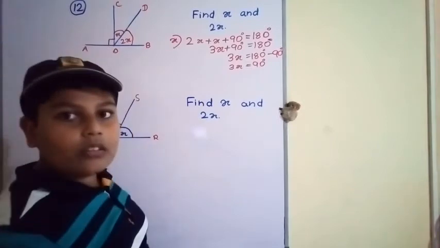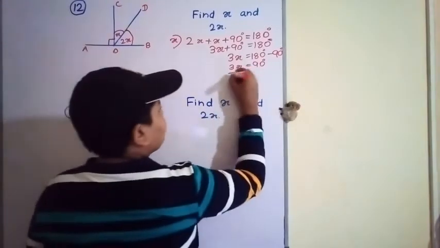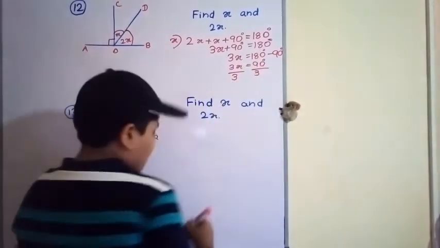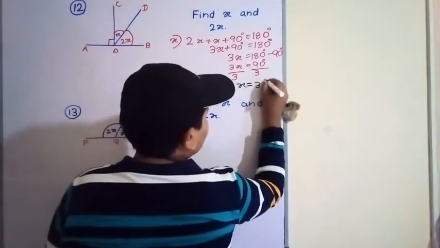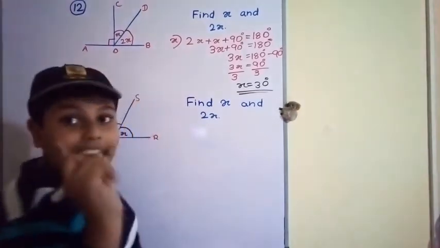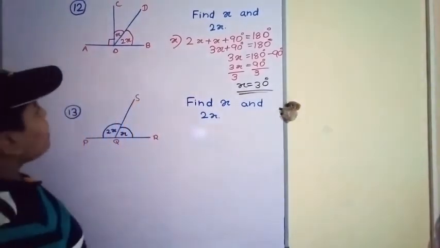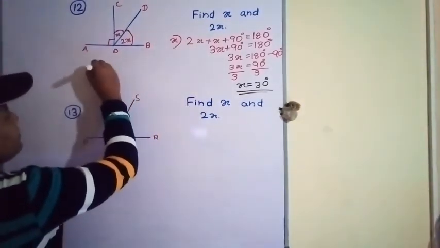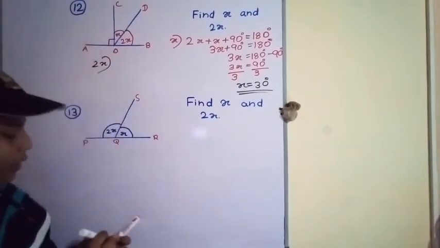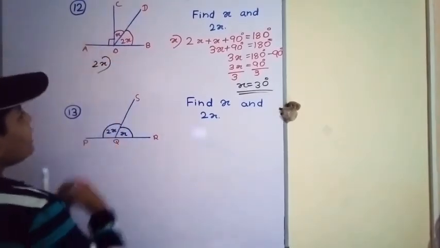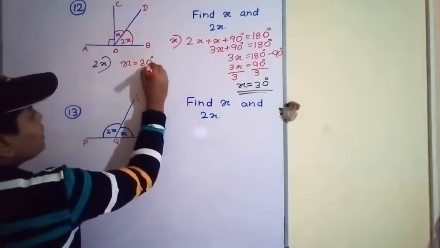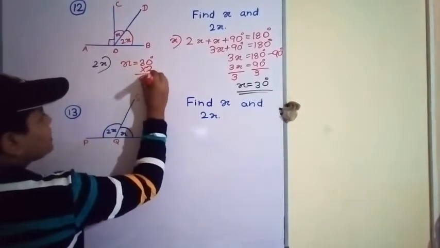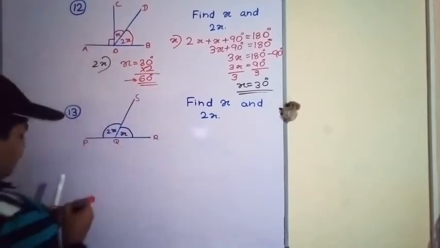Now what do we do? Divide by 3. Now you have the answer: x means 30 degrees. Now you want to find the 2x. Since x is 30 degrees, you multiply by 2 to get 60 degrees.